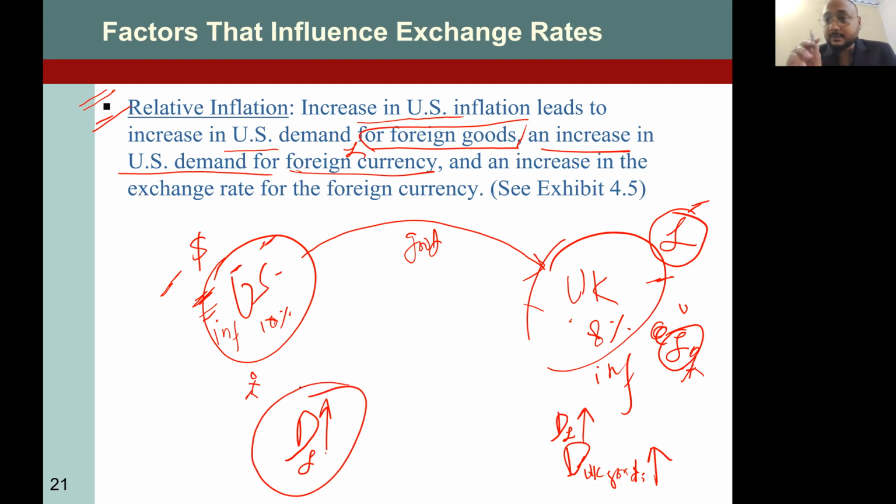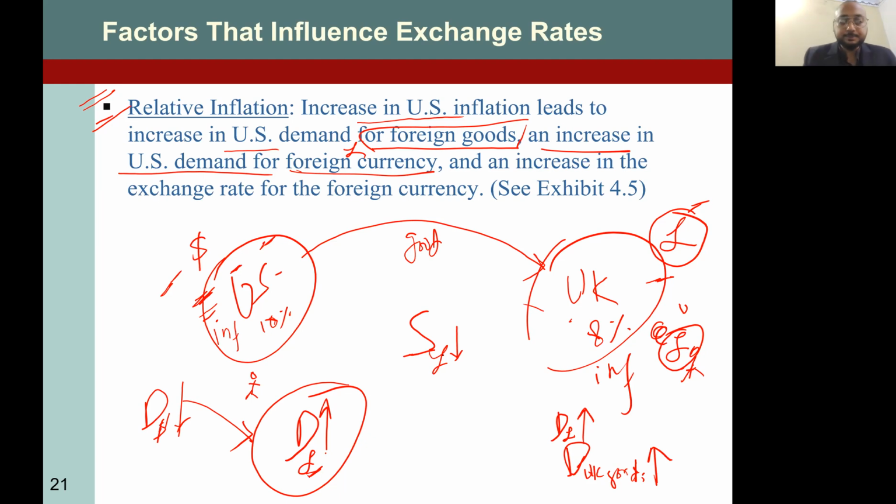So on the other hand, demand for pound. Our focus is now on the currency pound, not the US dollar. So US demand will decrease, pound demand will increase. If we talk about the supply of pound, it is going to decrease because nobody in the UK wants to buy US goods.